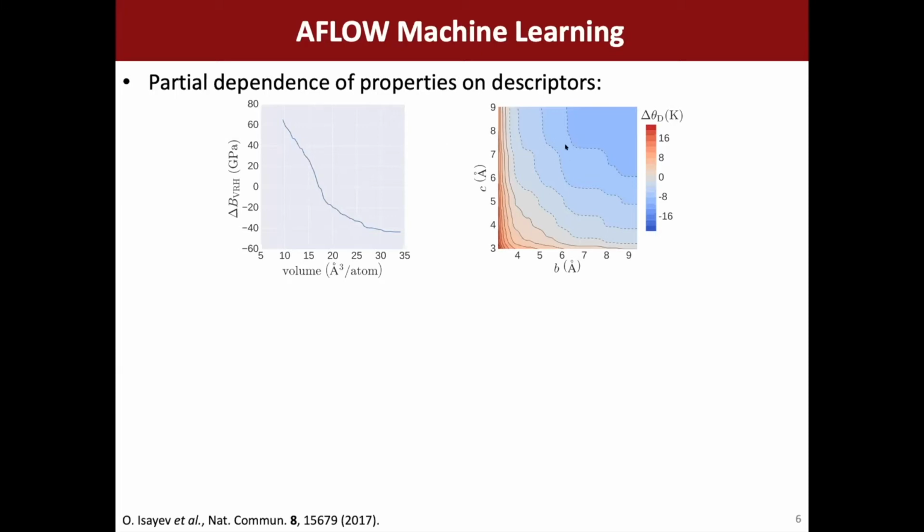Here on the right, we have something that's a bit less expected. It's something we haven't really fully understood yet, and it may well be an artifact of the training data, is that the variation in the Debye temperature seems to depend quite strongly on the anisotropy of the cell. So cells that have much longer C lattice vectors than B lattice vectors seem to have much higher Debye temperatures.